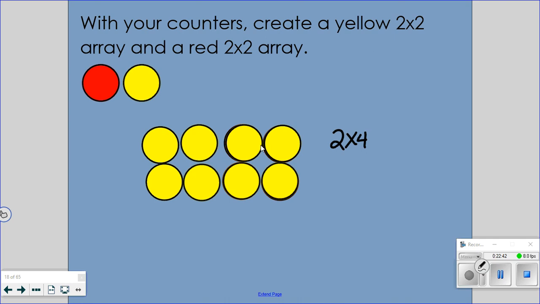If I'm writing, you're writing. I had 2 groups of 4. I can use my 2's to figure out my 4's.